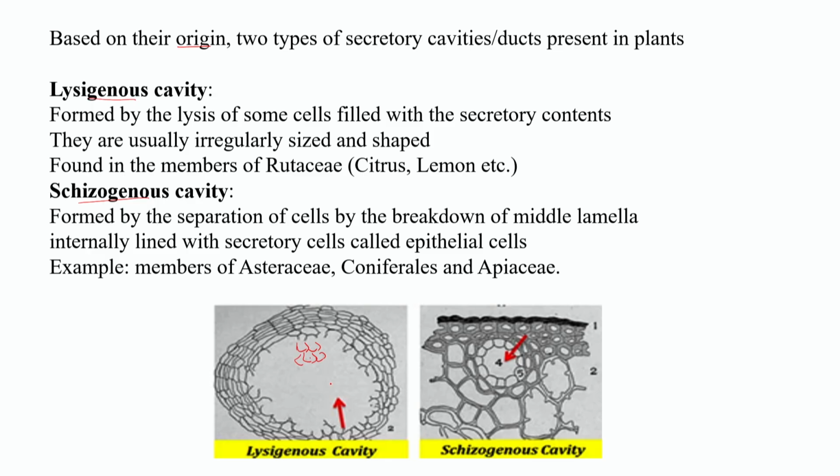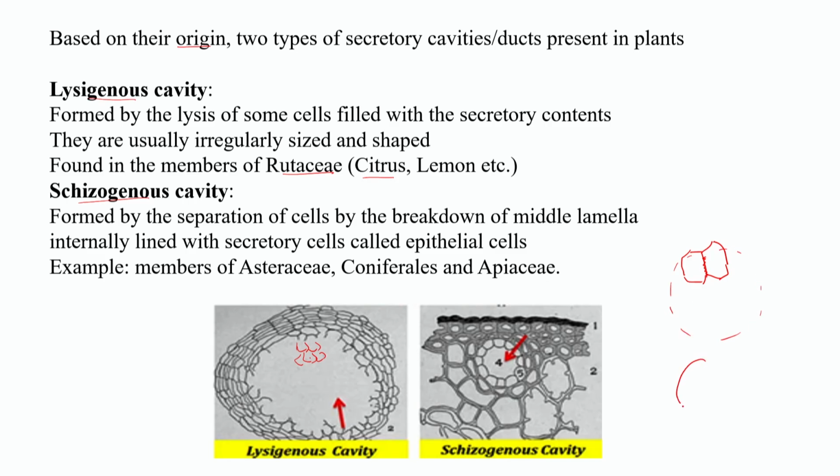This type of cavity is found in members of Rutaceae, like citrus, lemon, all those things in the Rutaceae family. Now a schizogenous cavity is formed by the separation of cells through the breakdown of the middle lamella. We have discussed how the cells are connected together, and if you dissolve this middle lamella, the common wall will get dissolved and they will form a single cavity-like structure.